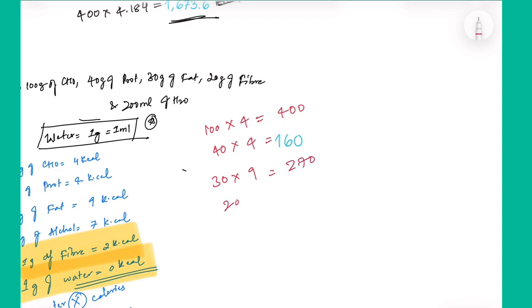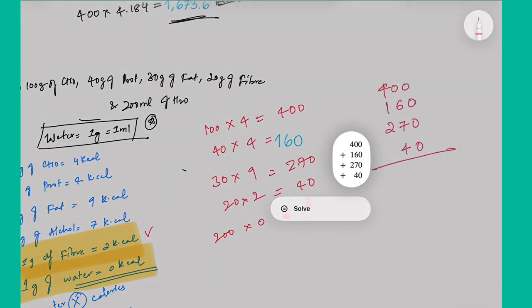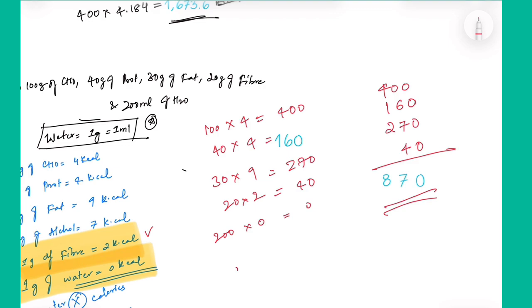Now 20 into 2 is 40. And 200 into 0 is 0. Okay, so 400, 160, 270, 40, which is 870 kcal.